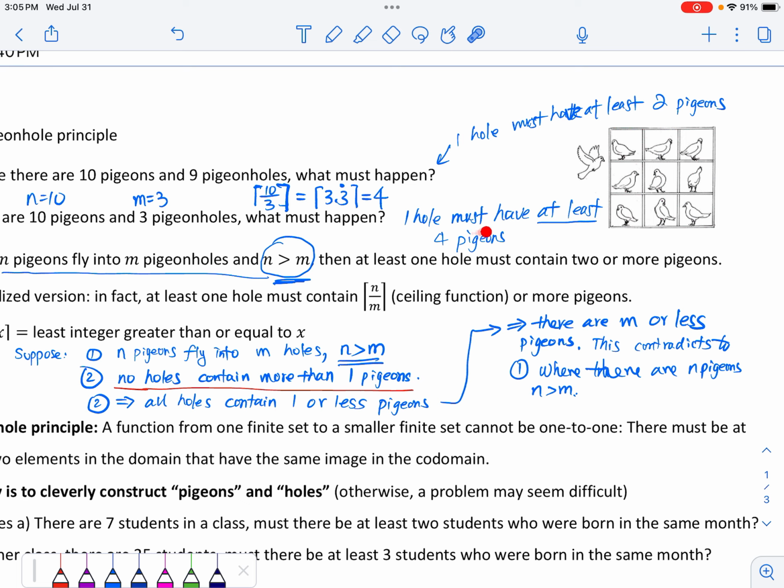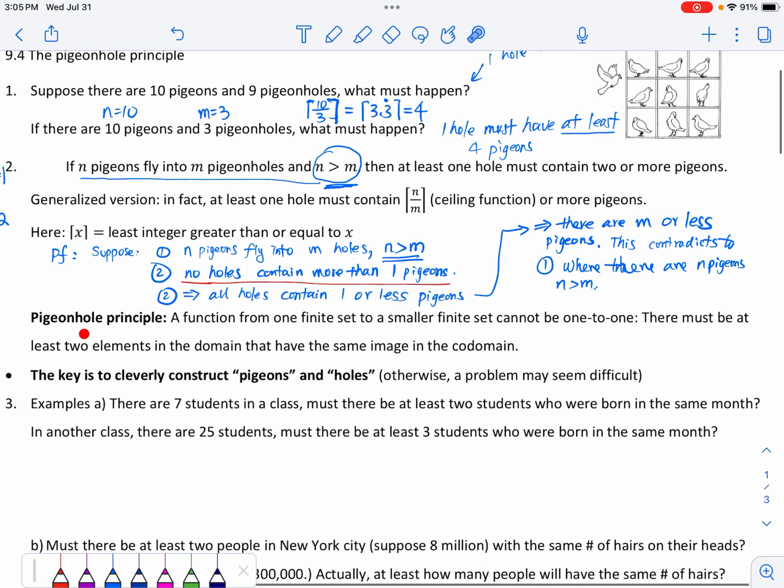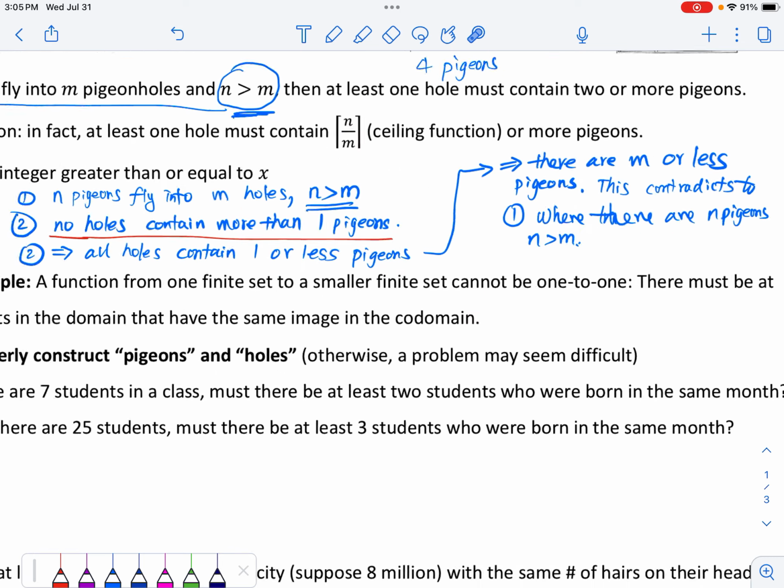That's why one hole must contain at least 4 pigeons. Well, the book actually provides another version. This is a function version. It tells us a function from one finite set to a smaller finite set cannot be one-to-one. That means there must be at least 2 elements in the domain that have the same image in the codomain.